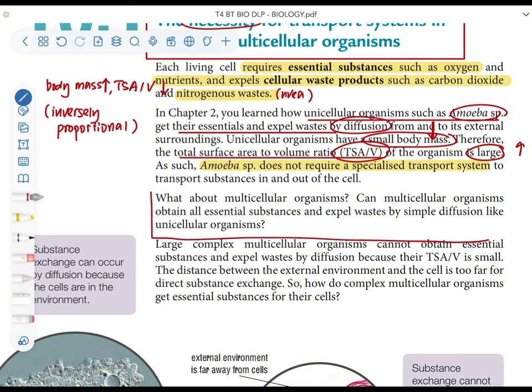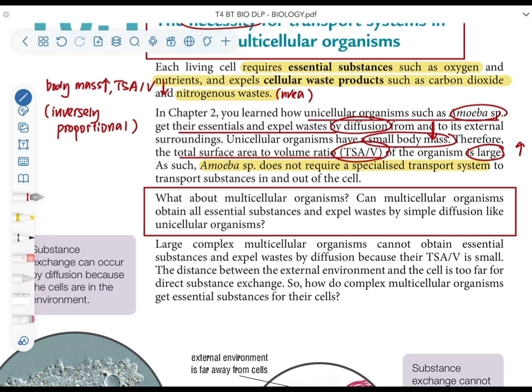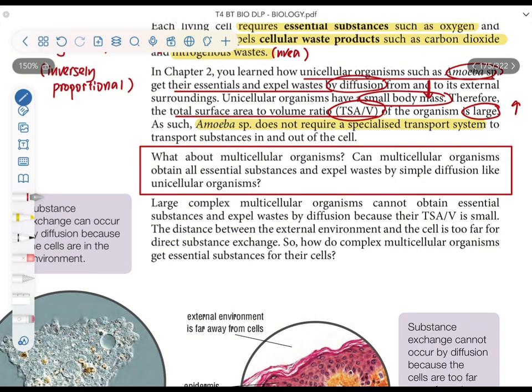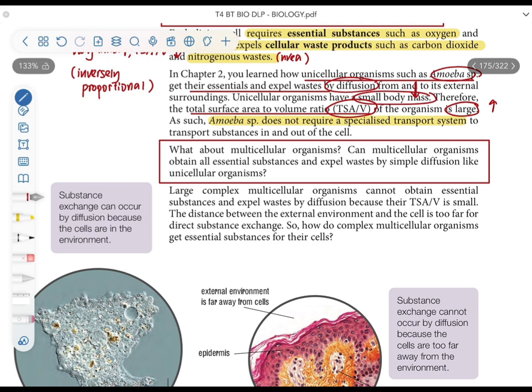Next, this is the question that we are going to find the answer for. Since we understand the transport system in unicellular organisms is very simple, relying on simple diffusion to get the nutrients, what happens to the multicellular organisms? Can multicellular organisms obtain the essential substances and expel the waste by simple diffusion like the unicellular organisms?